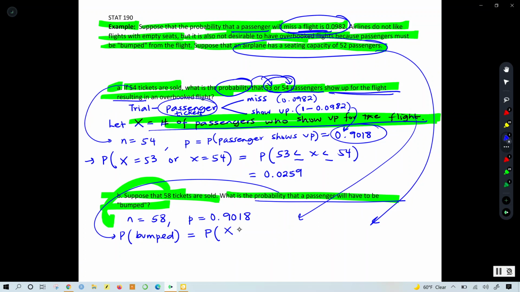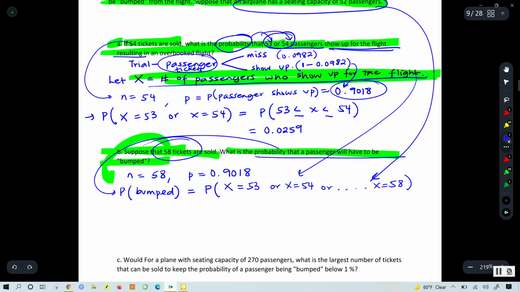It could be greater than 52, which will be 53, or 54, or as much as the number of tickets sold, which is 58. So in this case, this is the probability between 53 and 58 this time, given these parameters.